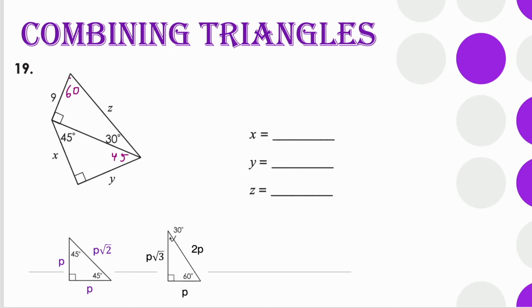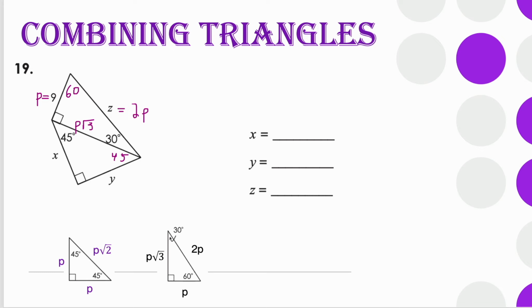The only thing we have to notice is the top triangle is a little bit nicer because we know one of the sides. We know that side has a length of 9. The bottom triangle, we don't know anything though, so we can't use it just yet. So for the top triangle, we put down our p's. Across from the 30 is p, across from the 60 is p root 3, and across from the 90, or z, is going to be 2 times p.